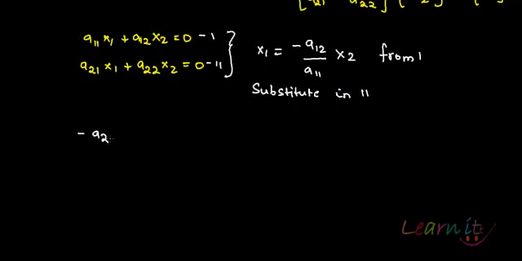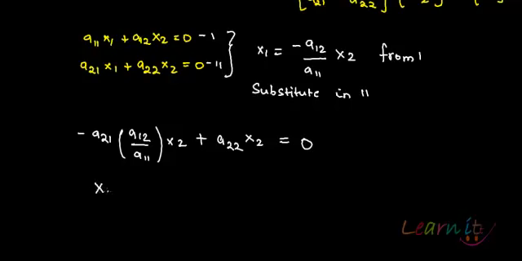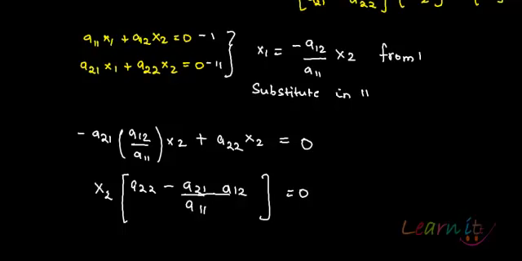So I will get minus A21 into A12 upon A11 x2 plus A22 x2 equals 0, and taking x2 common, that will give me A22 minus A21 into A12 upon A11, equals 0.